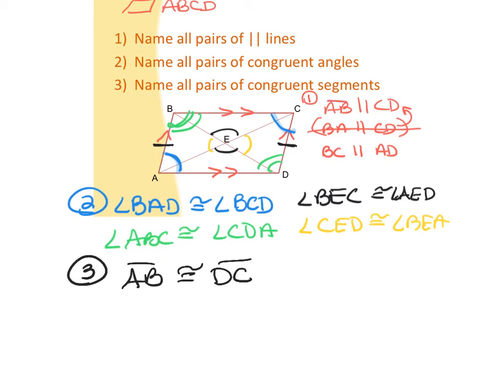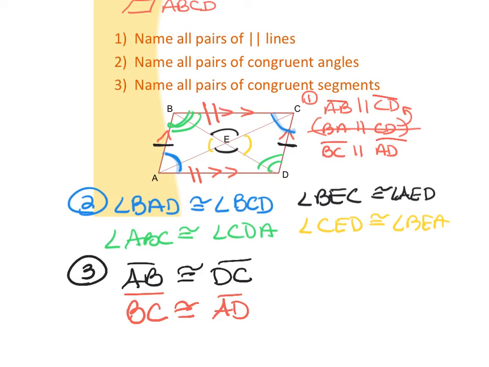And I can put segments on top of these too. Then we can do the other pair of opposite sides, this one and this one. So BC is congruent to AD.